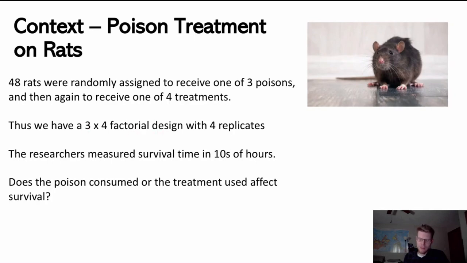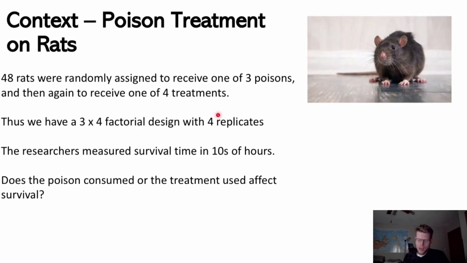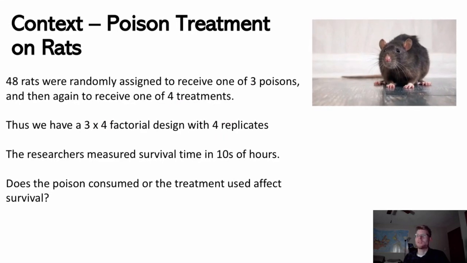So we have 3 levels for one factor, 4 levels for the other. And we also have 4 replicates here, meaning that since we have 48 rats, we're going to have 4 rats per factor combination, if that makes sense. So if I have a 4x3 setup, 1, 2, 3, 4, 1, 2, 3, that would be 12 different combinations.